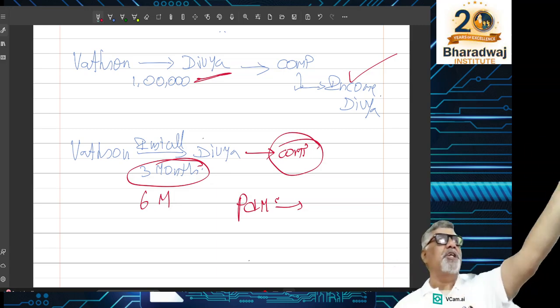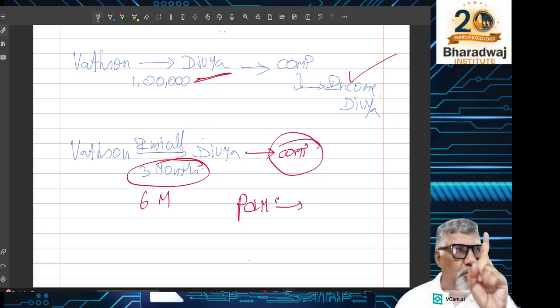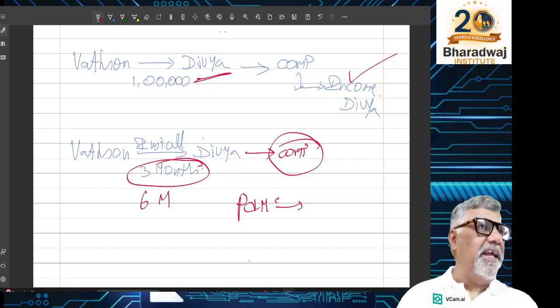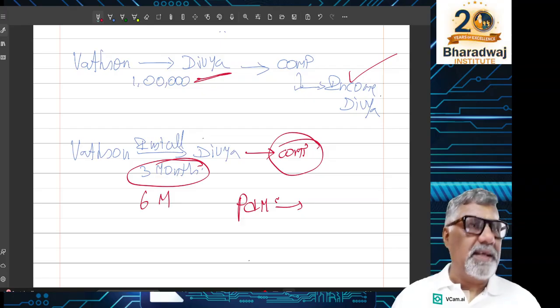All other compensation, if you read, it is an income. But look for information where compensation is directly linked to an asset.